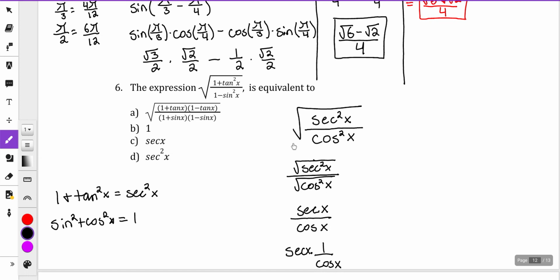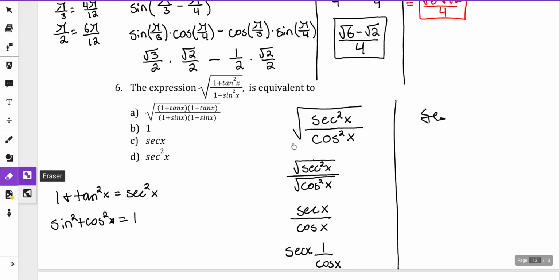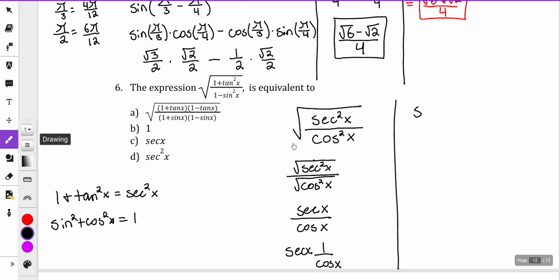Which means this is secant times secant, which is secant squared x.